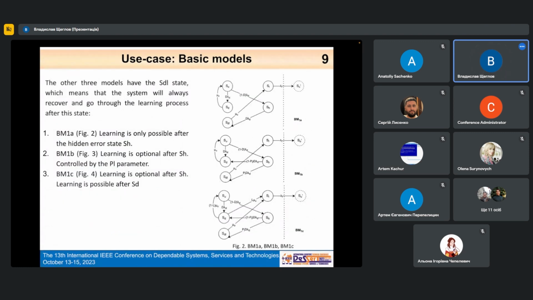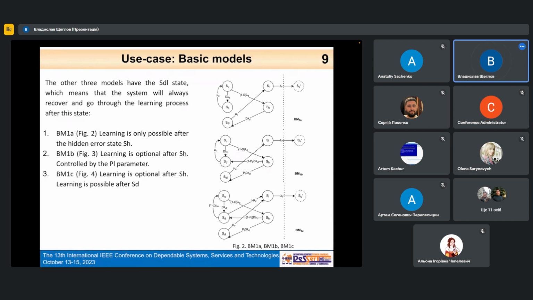So, as I said before, we created a couple of more models. We didn't use them for simulation, but they can be used for further investigations. And here you can see that for the same case, different approaches can be used.